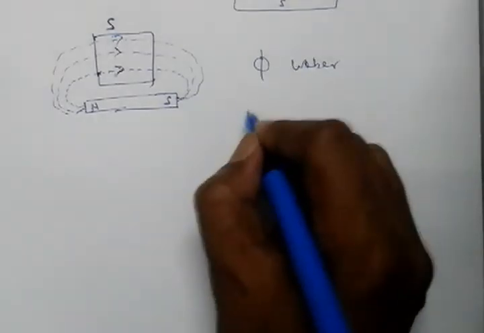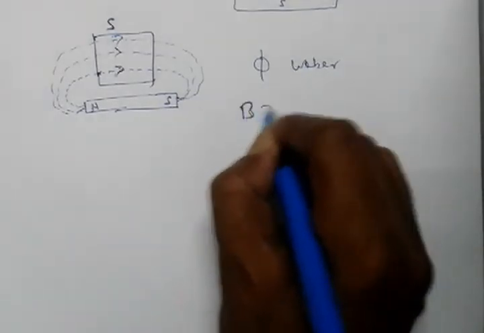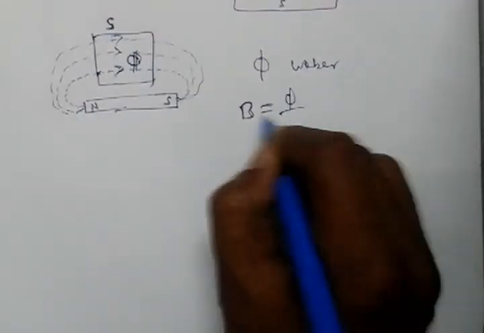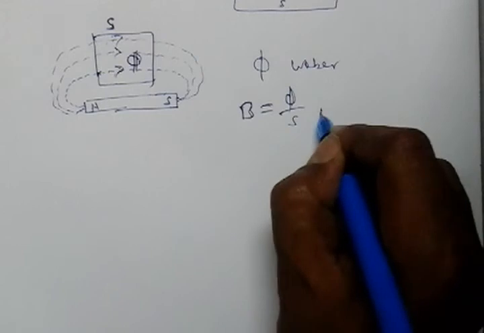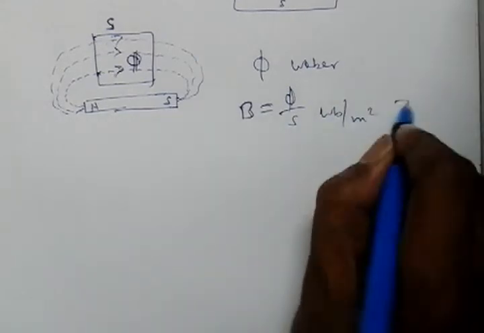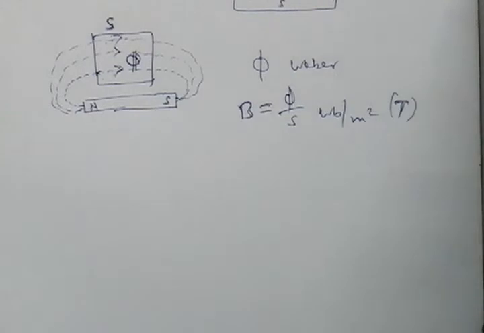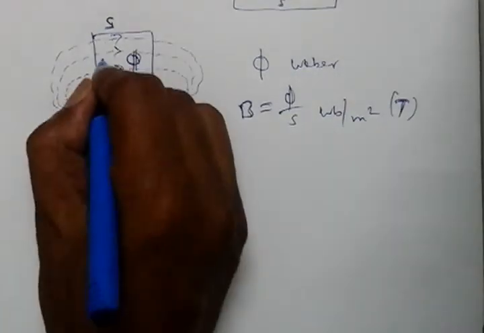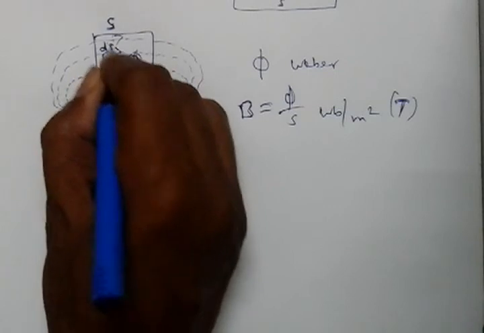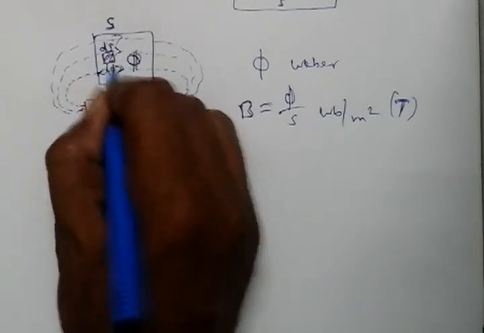So the magnetic flux density is represented by B. It is defined as the flux passing through unit surface area. B is equal to phi by S. The unit is Weber per meter square, which is also called Tesla. Now consider a differential surface area ds within S, through which the flux is d phi.